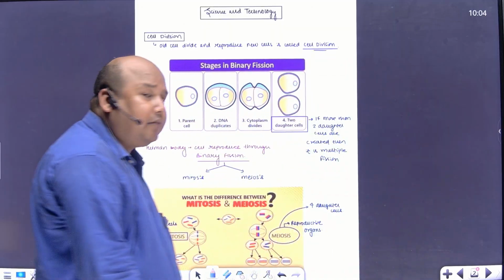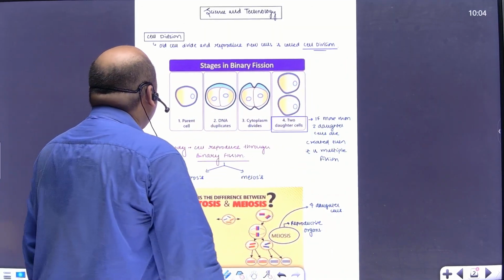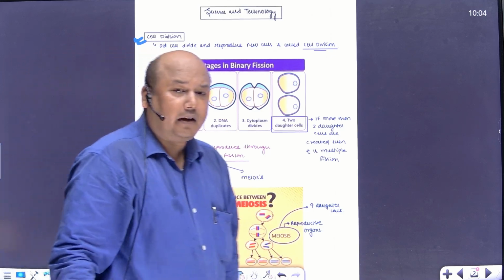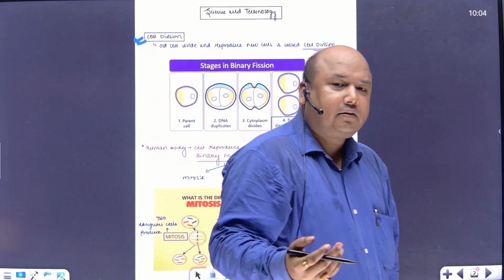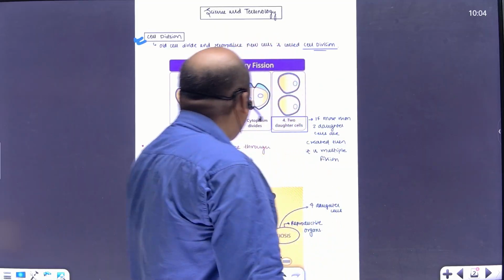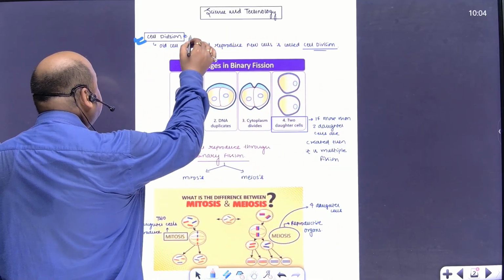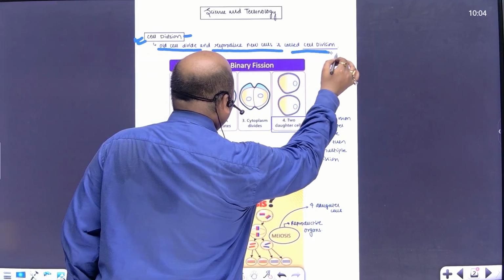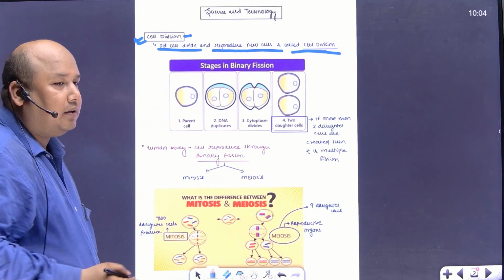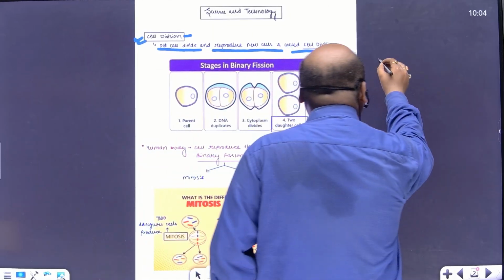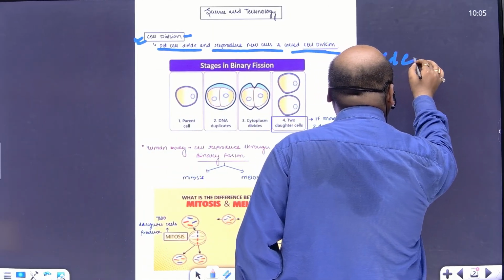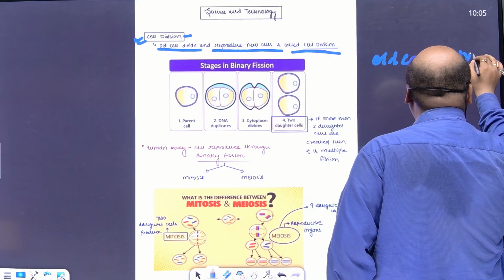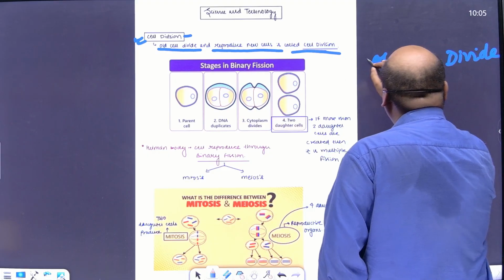So, what we are having is science and technology nowadays. We are talking about cell division. In cell division, we divide the cells, so we need to understand what cell division is. Cell division is when an old cell divides and reproduces new cells. First, the old cell needs to divide.